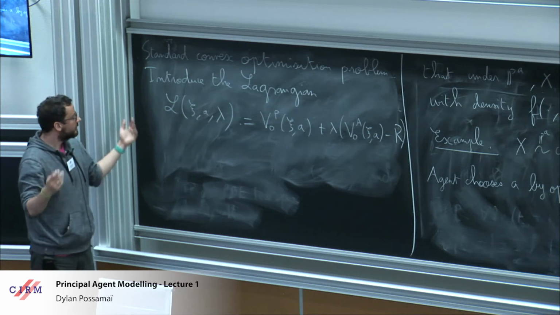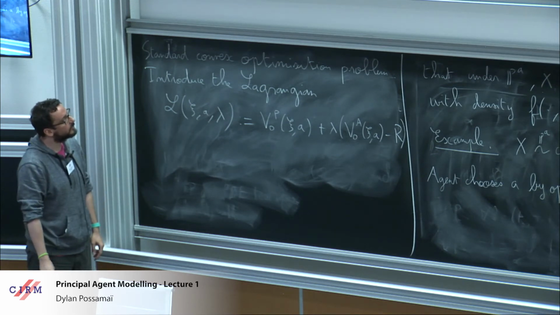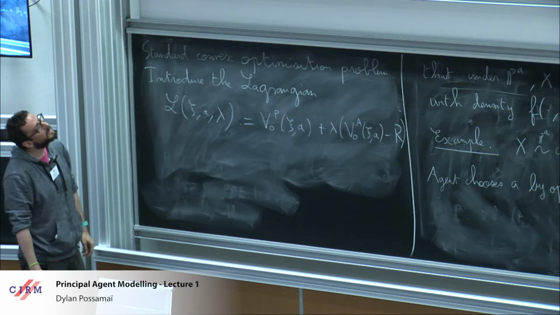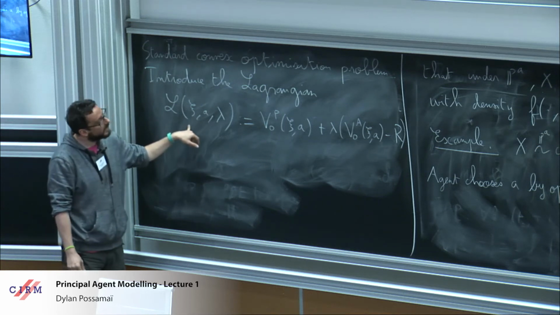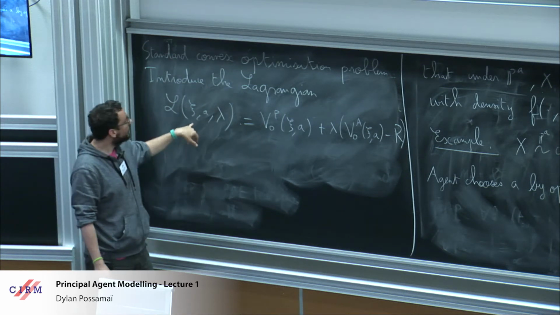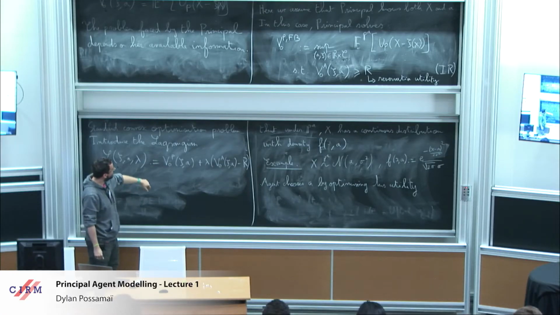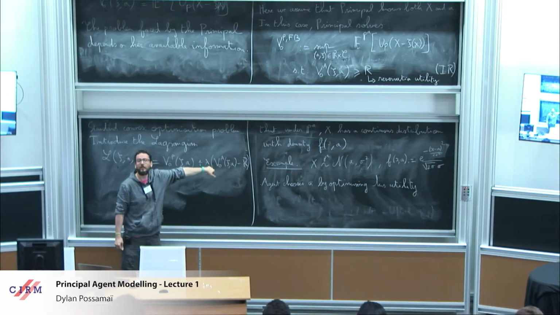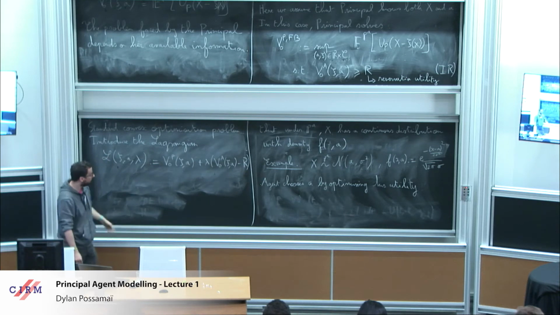Okay, and then, well, if strong duality holds, you know that solving the constraint problem here is the same as taking the inf over Lagrange multipliers of the sup over psi and A of this quantity here. Okay?